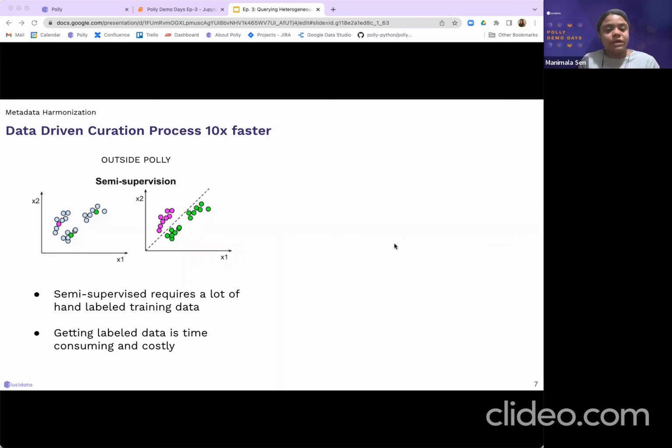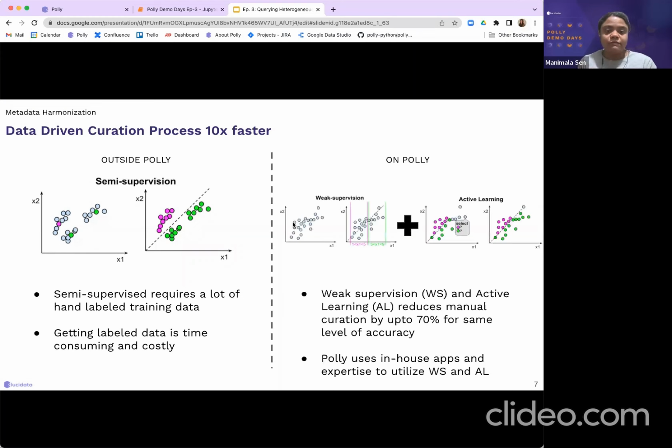So within Poly or in Elucidata, we've taken a very different approach, which is a combination of weak supervision and active learning. What we are trying to do here is use a smaller number of data sets, but high quality data sets, to really build our models. And once the models are built, they are scalable and they get better with time as we are challenged with more data.